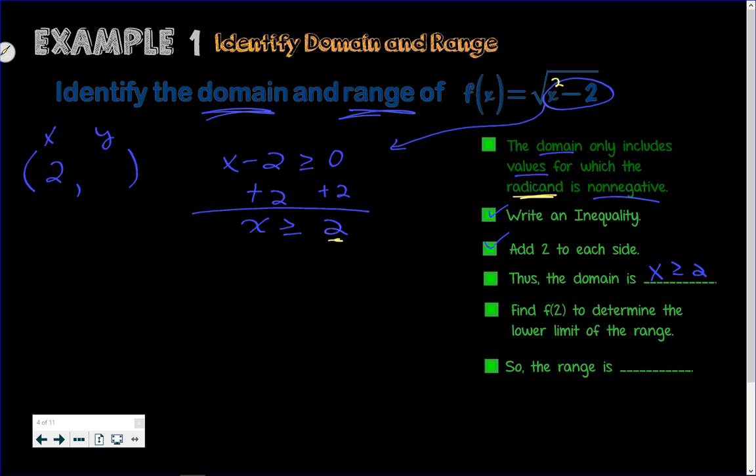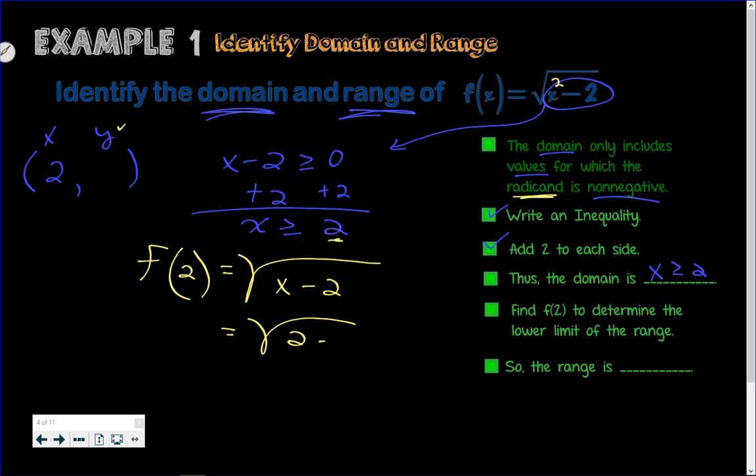So now, to find my output value, or to find this y right here, what I want to do now is bring my original, okay, when x is 2, what's my output going to be? You guys with me so far? Yep. Okay, so if I put 2 in there, 2 minus 2 is, what's the square root of 0? 0.